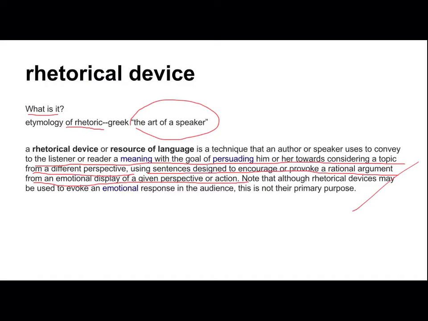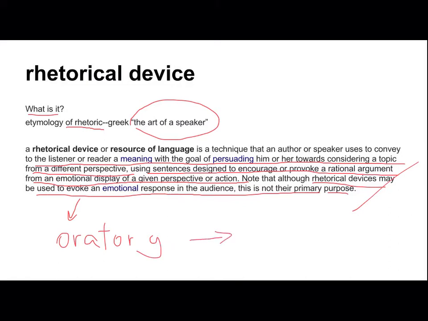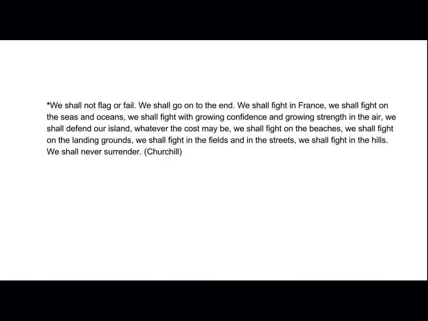Note that although rhetorical devices may be used to evoke an emotional response in the audience, this is not their primary purpose. This is mostly concerned with oratory, the art of public speaking, but it also transfers to fiction, poetry as well. You can see rhetorical devices in any good writing that we're going to run into.